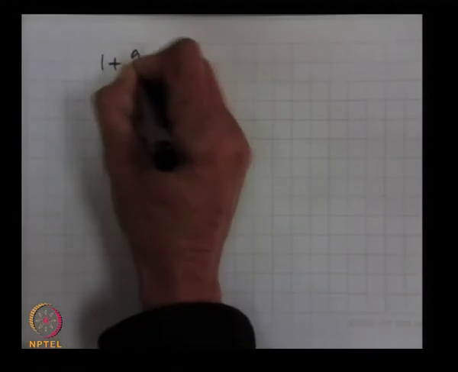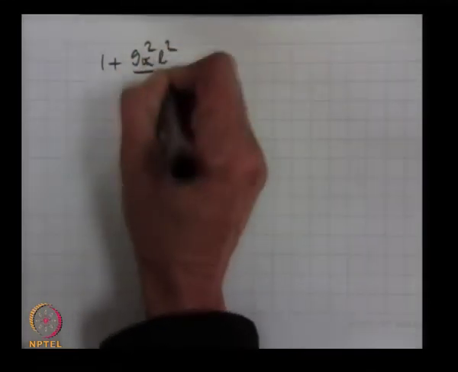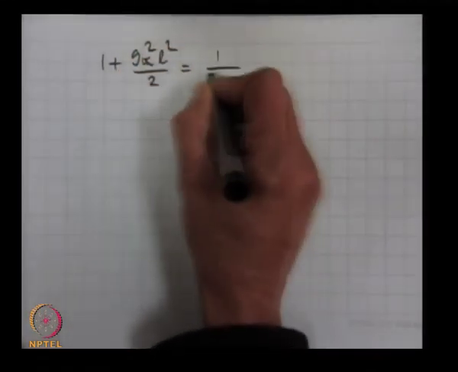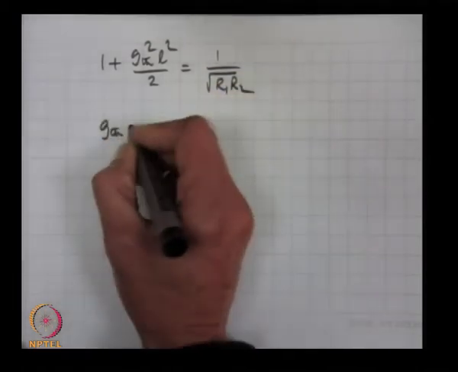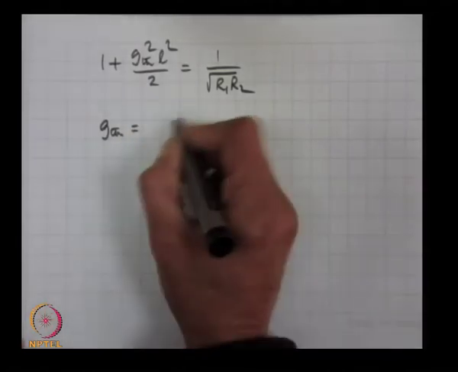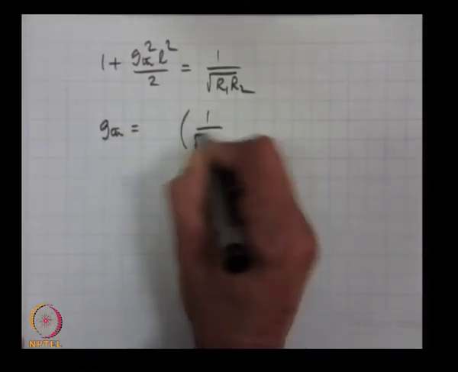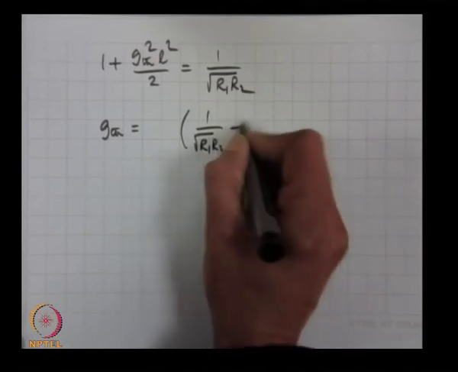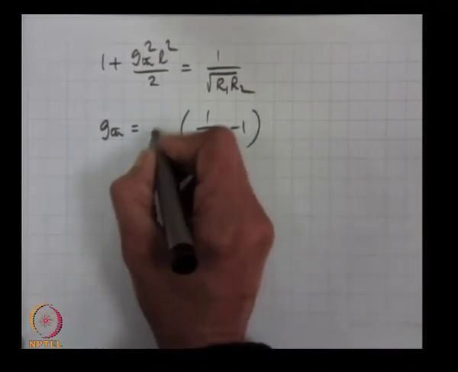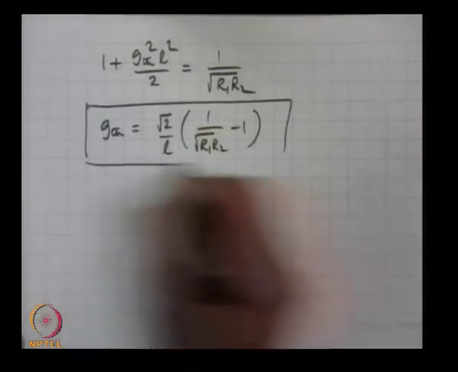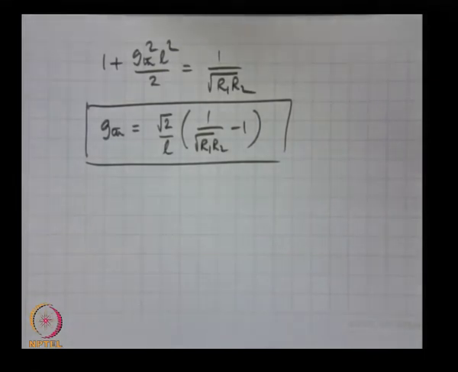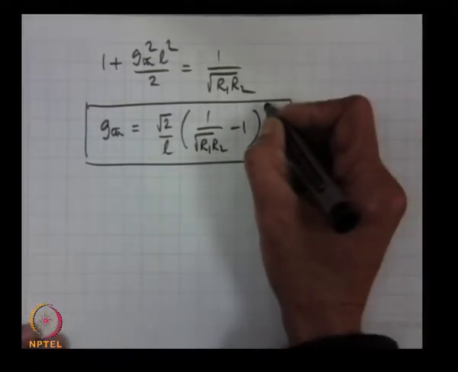So this gives me 1 plus G threshold square L square by 2 is equal to 1 by square root of R1 R2, or G threshold is equal to 1 by square root of R1 R2 minus 1 into square root of 2 by L, raised to the power half.